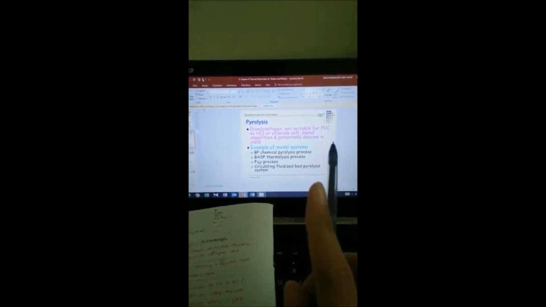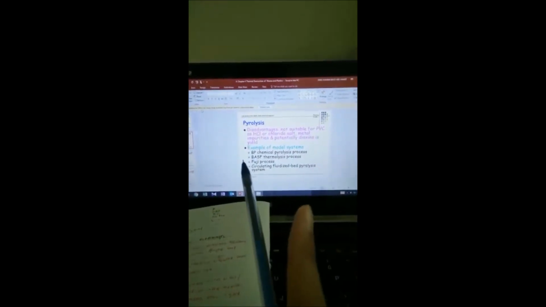As you know, dioxins and furans are hazardous gases for the environment if released to the atmosphere, because they can impact human health. So you need to remember that.